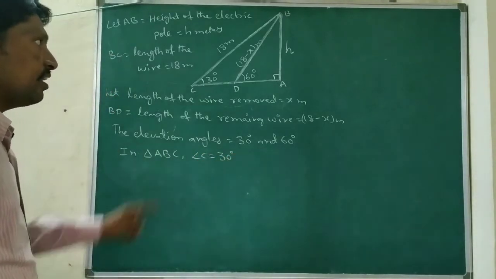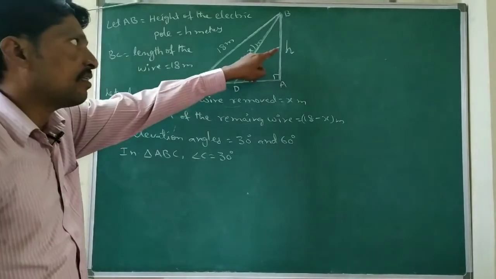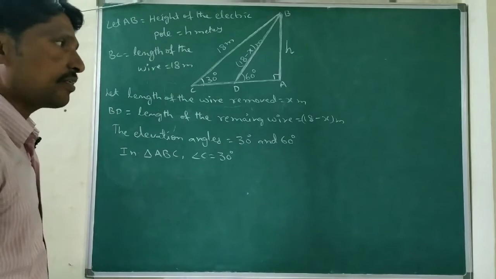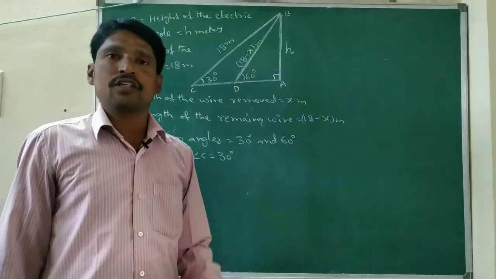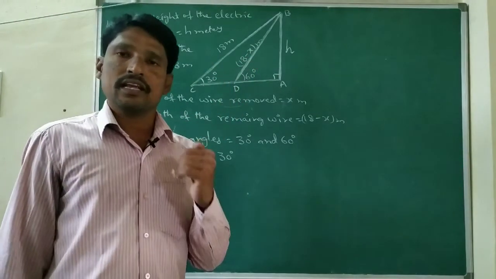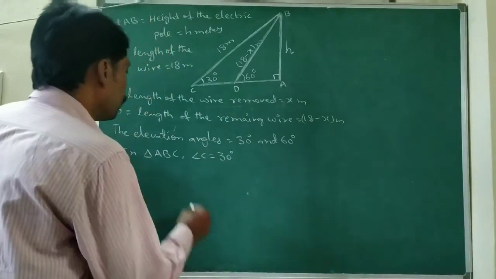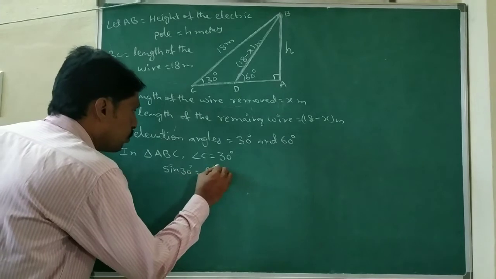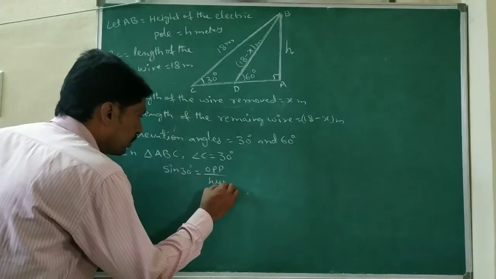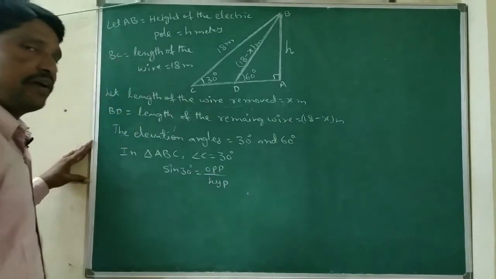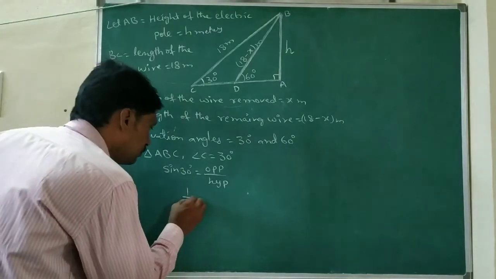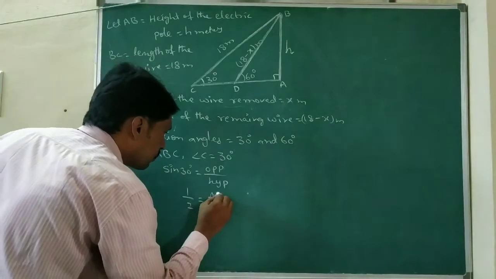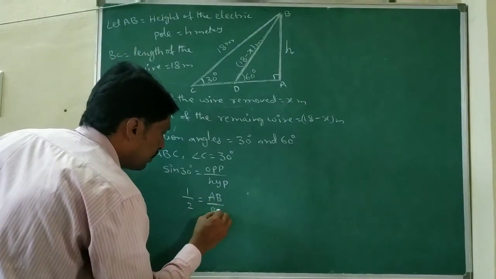This is the side opposite to angle 30, and this is the hypotenuse. Opposite and hypotenuse, so the trigonometric ratio is sine. Sine 30 degrees equals opposite by hypotenuse. What is the value of sine 30? That is 1 by 2, equals opposite AB by hypotenuse BC.